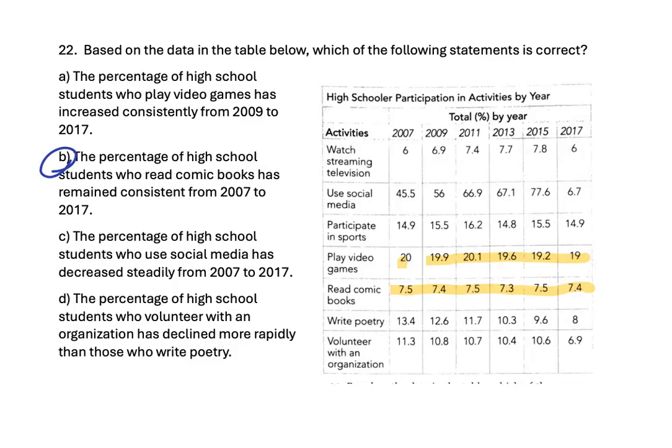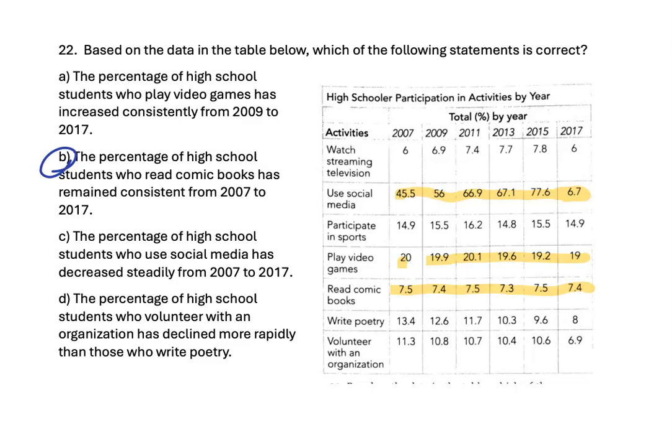The percentage of high school students who use social media has decreased steadily from 2007 to 2017. This is social media here, and it went up, up, up, up, up, and I don't know what happened here. I think that's a mistake in their table. So it's not decreasing. And then part D says the percentage of high school students who volunteer with an organization has declined more rapidly than those who write poetry.